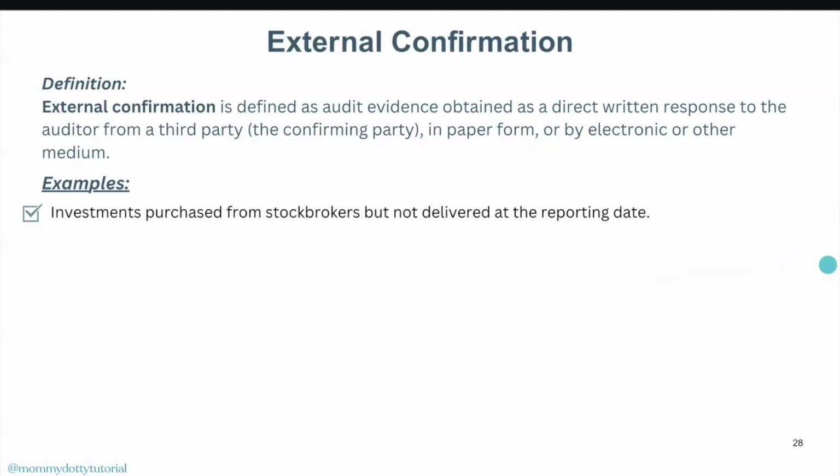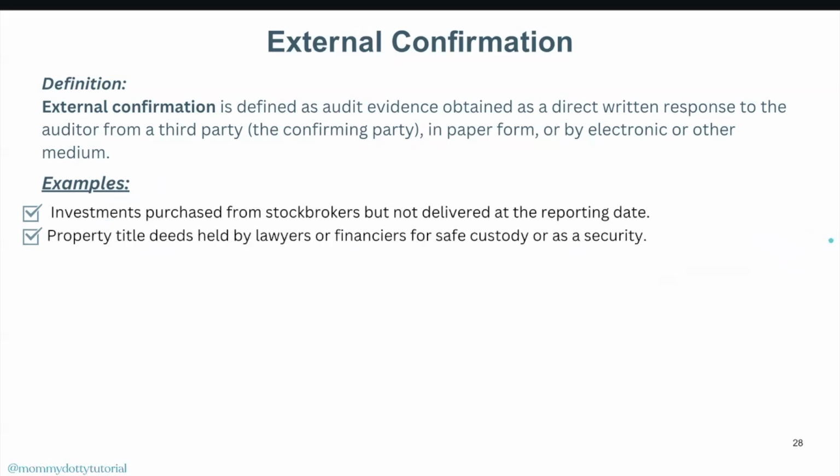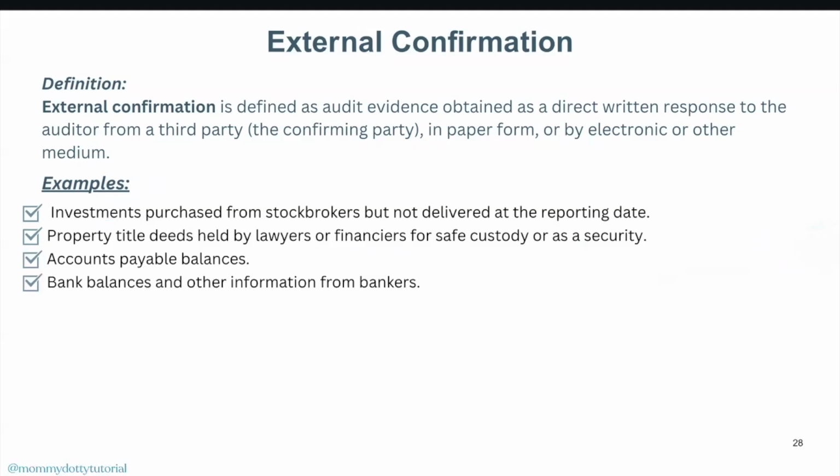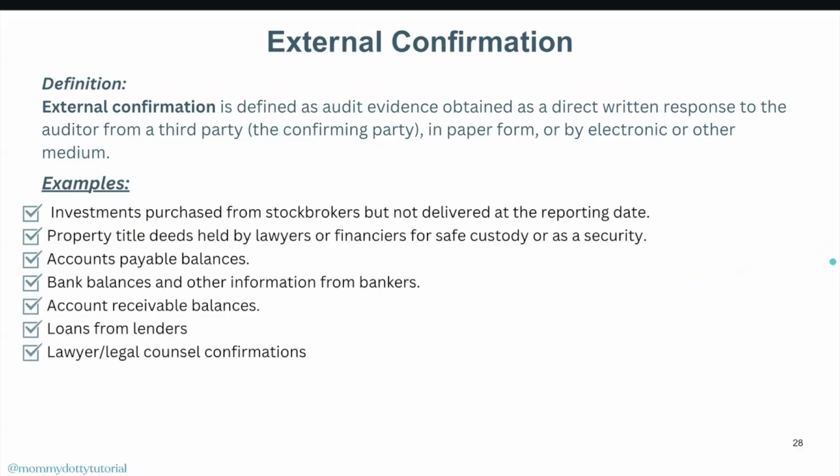These are examples of external confirmations: investment purchased from stockbrokers but not delivered at the reporting date; property title deeds held by lawyers or financiers for safe custody or as security; accounts payable balances to our suppliers; bank balances and other information from the bankers; accounts receivable balances, where we send the confirmation to the clients; loans from lenders; and lawyer or legal counsel confirmations.